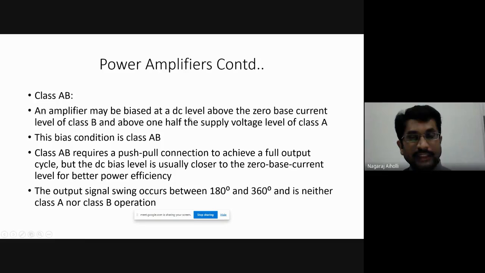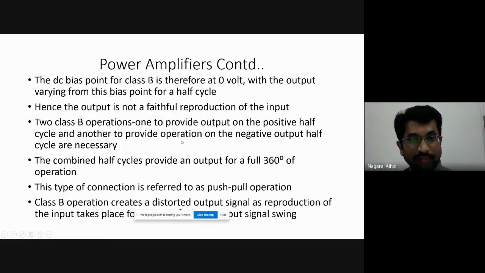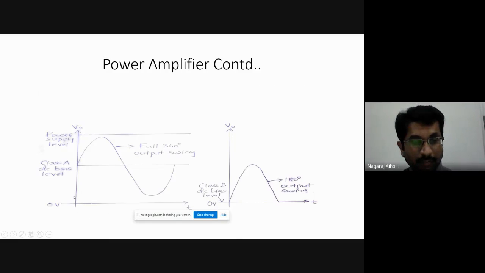So it is biased at a DC level. The biasing level of class AB is above 0 volts, okay, above this level and below the positive power supply level. That is the range in which the class AB power amplifier works.